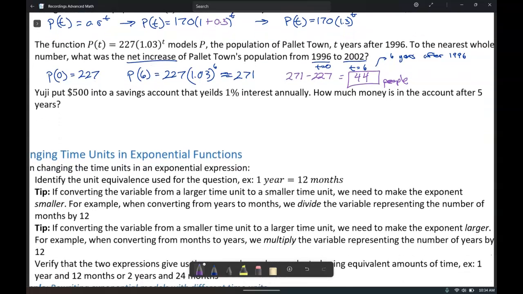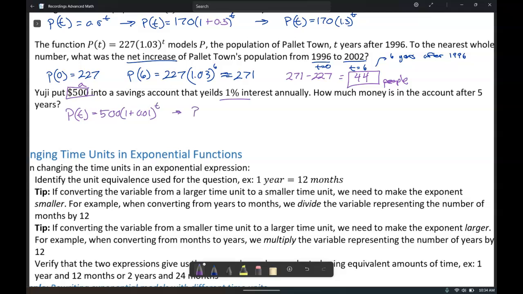Here we can write a compound interest function. Ug put $500 into savings. That's our initial amount, so the principal over time equals $500 times a 1% interest, so it would be 1 plus 0.01, that's 1% in decimal notation, to the power of t.